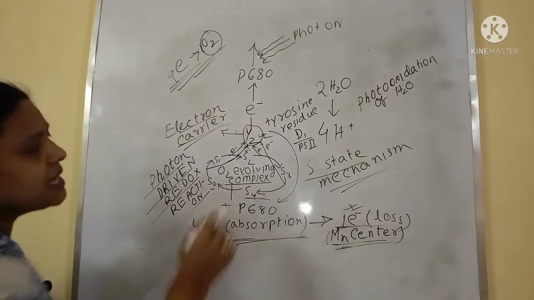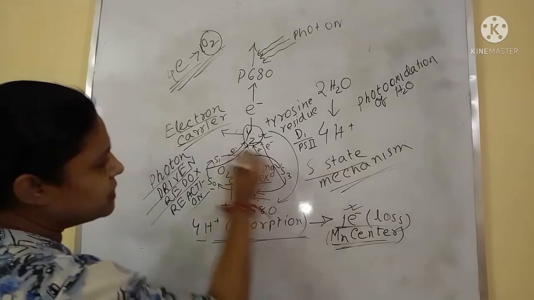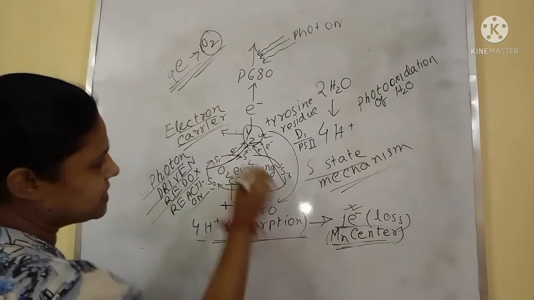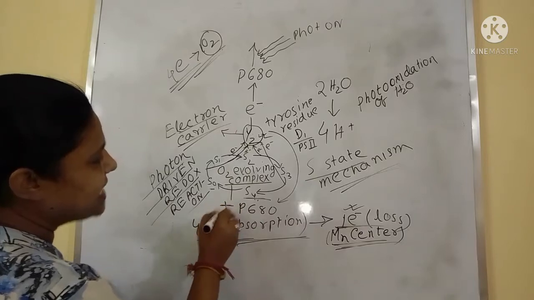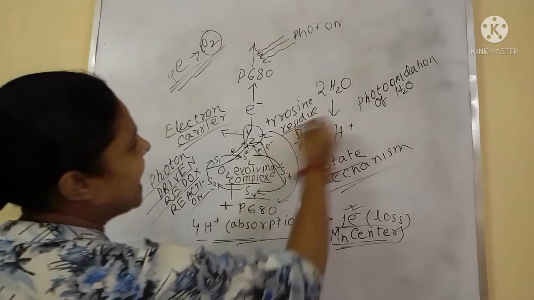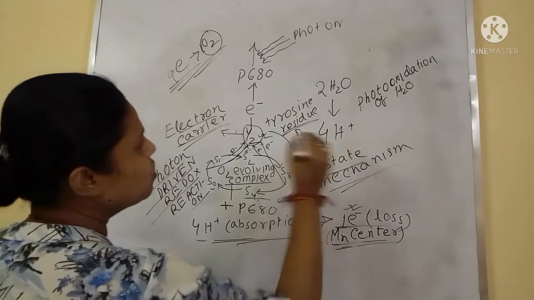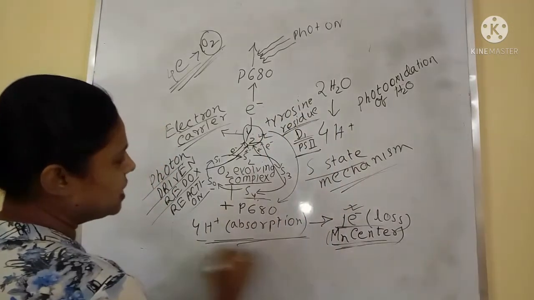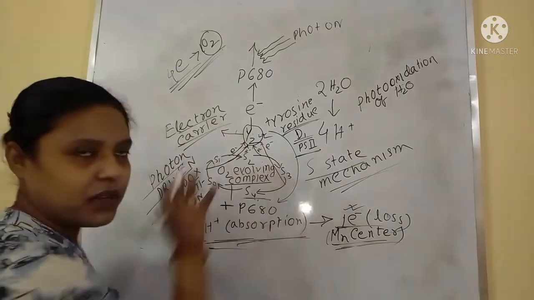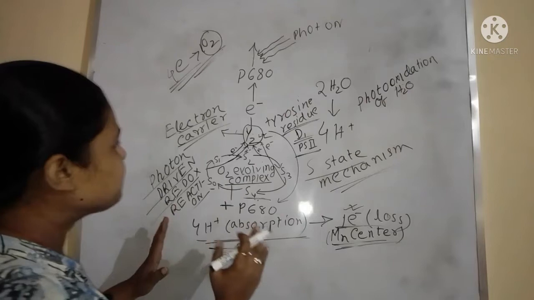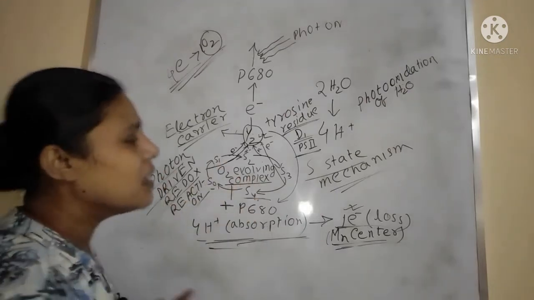Between P680 and the S complex, one tyrosine residue on the D1 protein present in PS2 is involved in this total reaction, where oxygen formation is possible from the oxygen evolving complex.